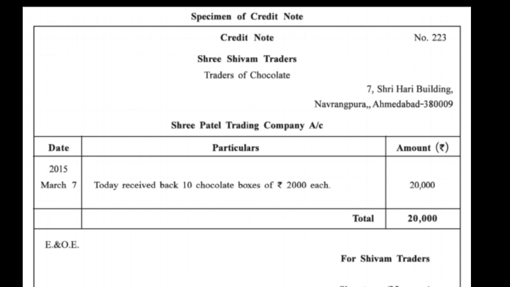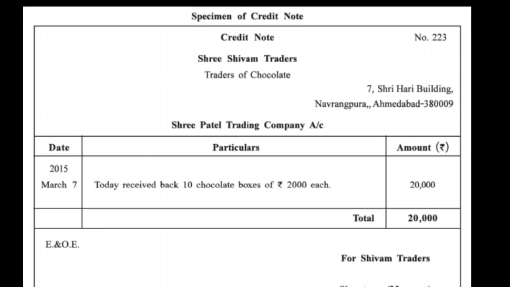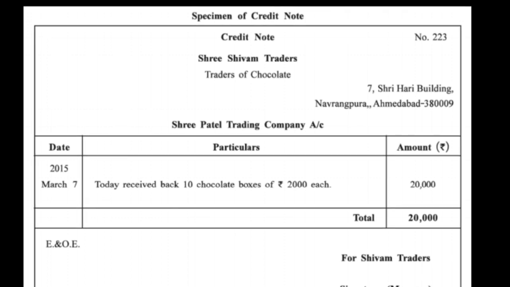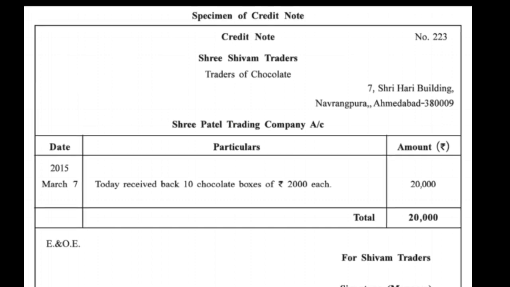Let's see a specimen of credit note. Now, credit note is an important document related to sales return. When the goods sold on credit are returned by the customer to the trader, then the proportionate amount for the returned goods is credited to the account of such customer.